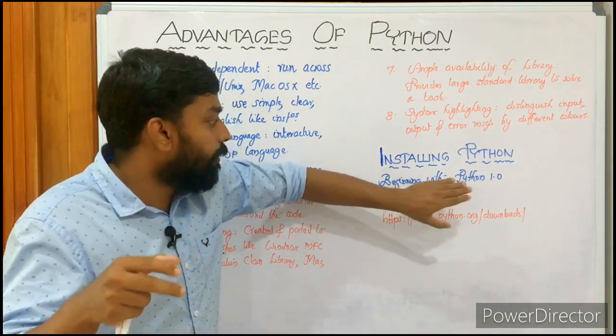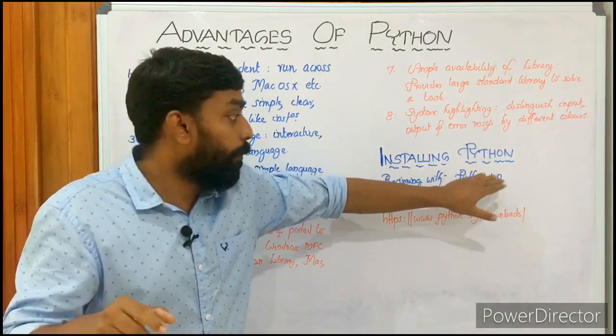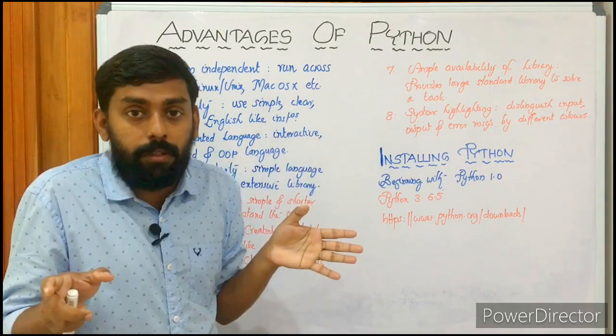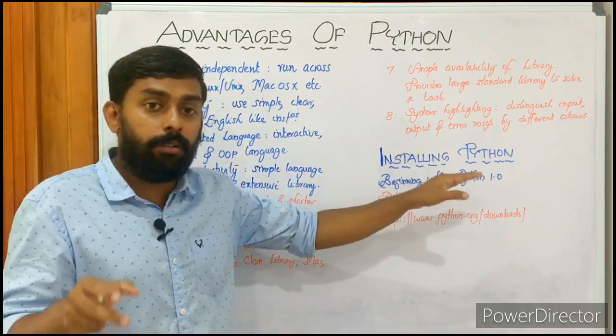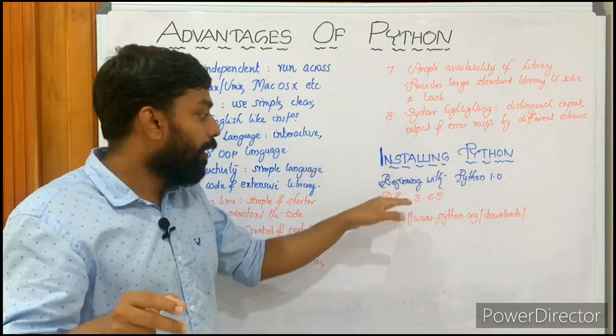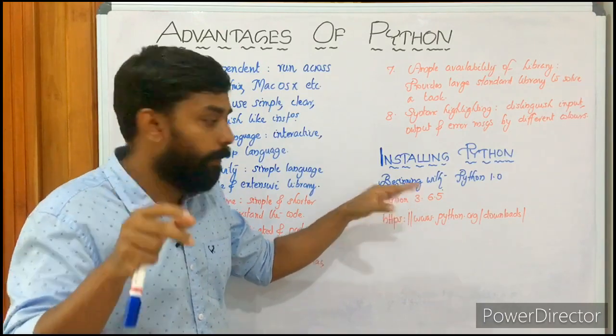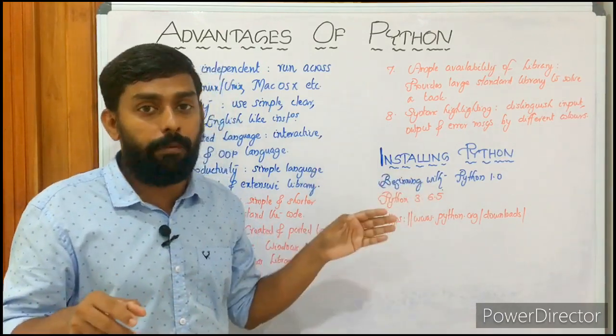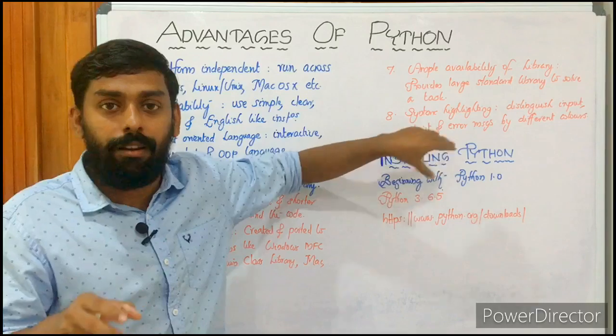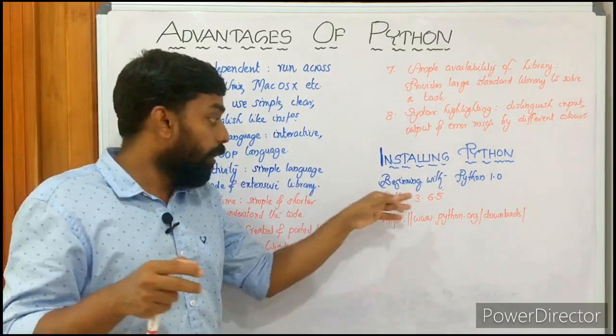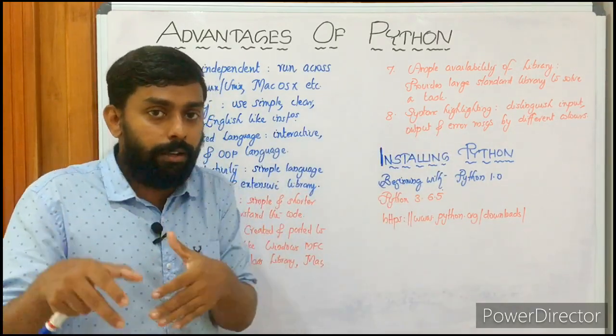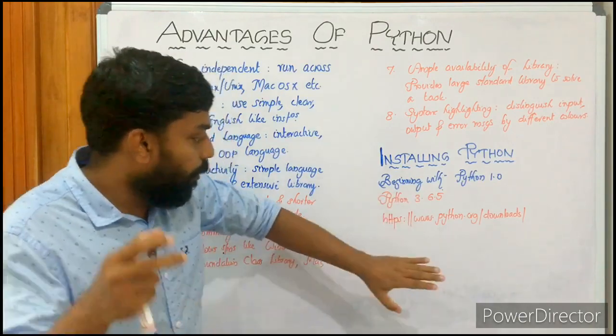Actually, it started in 1991 with Python 1.0. That's the first version they released. But now, for academic purposes, we are using Python 3.6.5. You can see the difference in the versions, right? Even higher versions are available nowadays. How can you install it?